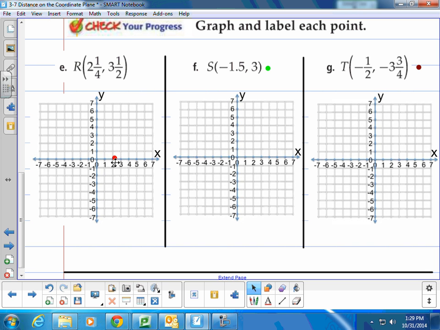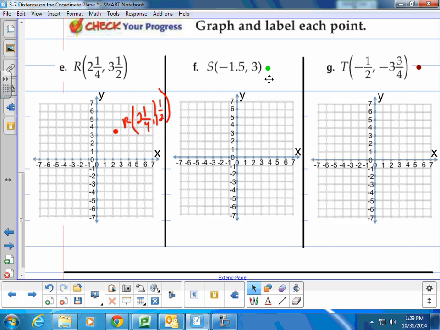And then I'm going to go up 3 1/2. So I'm going to go up 1, 2, 3, and then halfway between 3 and 4. Put it there. Then I would put my point and label it R, 2 and 1/4, 3 and 1/2. That's my ordered pair for that point.